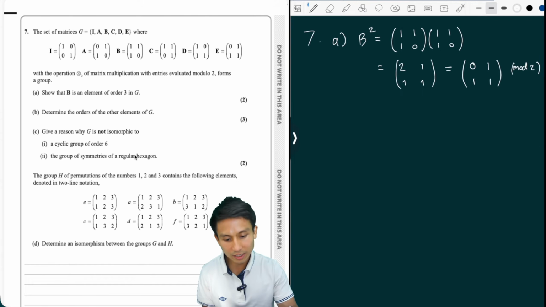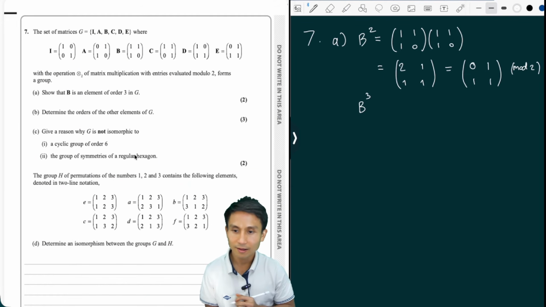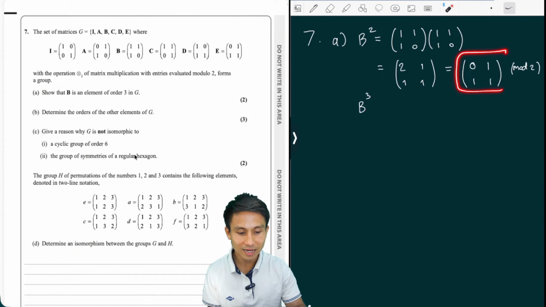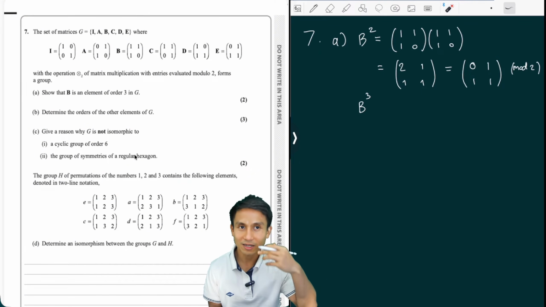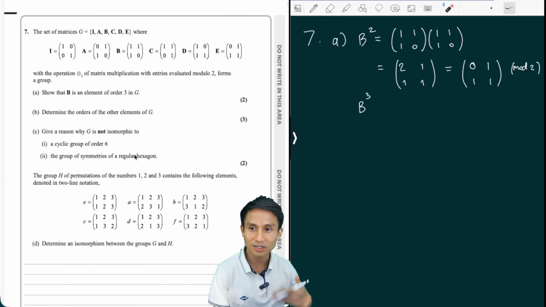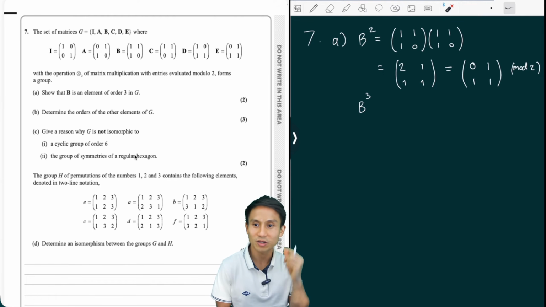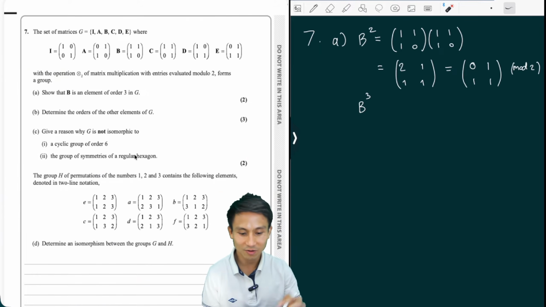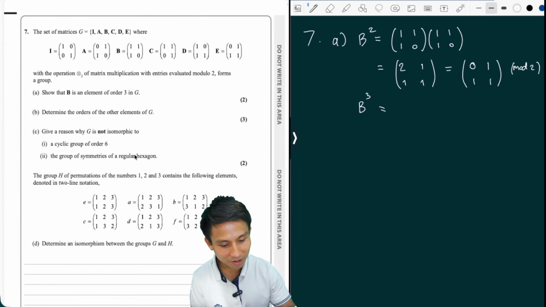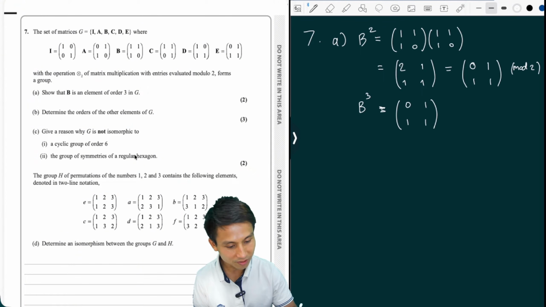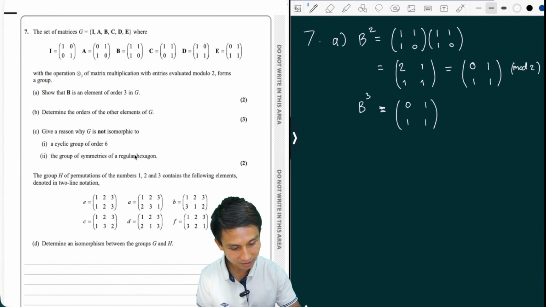And then if we cube B, well, as you can see, this is not the identity yet. We gotta keep multiplying B by itself until we get to the identity, and that will be the order of B in G here. All right. So if we multiply that by B again, I'm just gonna take the easy number here because we already got that from the modulo there, and then multiply by itself.